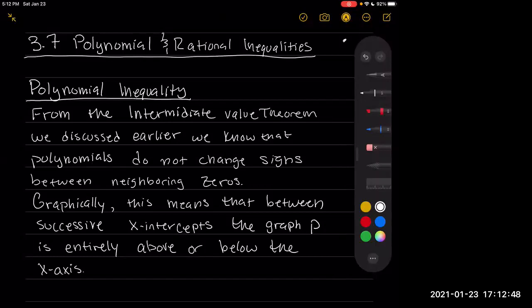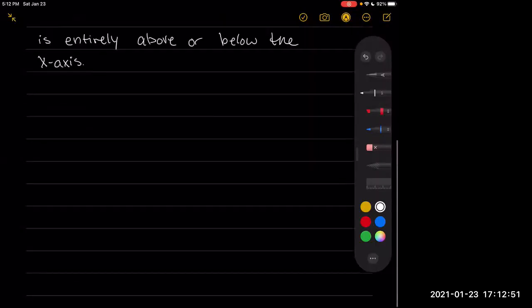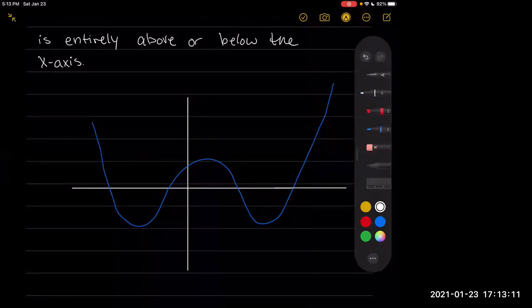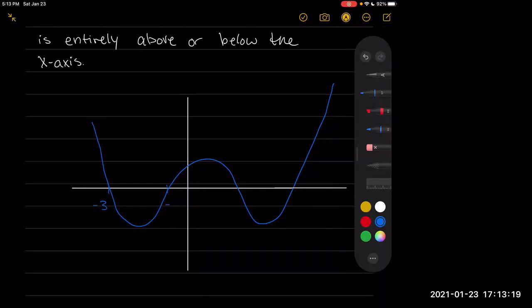So what this will look like is we have a graph. Extend this a little bit. Okay, so here, let's call this point -3, this point -1, this point 2, and this point 4.